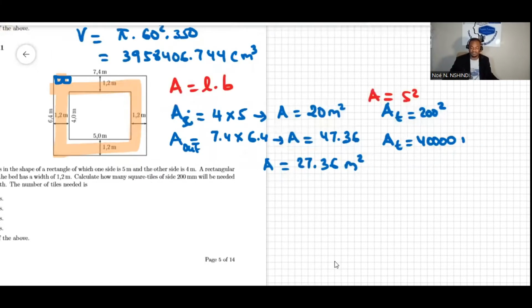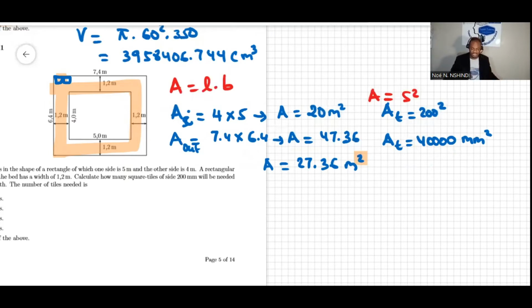So millimeters squared. Now I need to convert 27.36 meters squared into millimeters squared. If it was meters to millimeters, I'd times by 1000. But now millimeters squared, I'll times by 1000 squared.